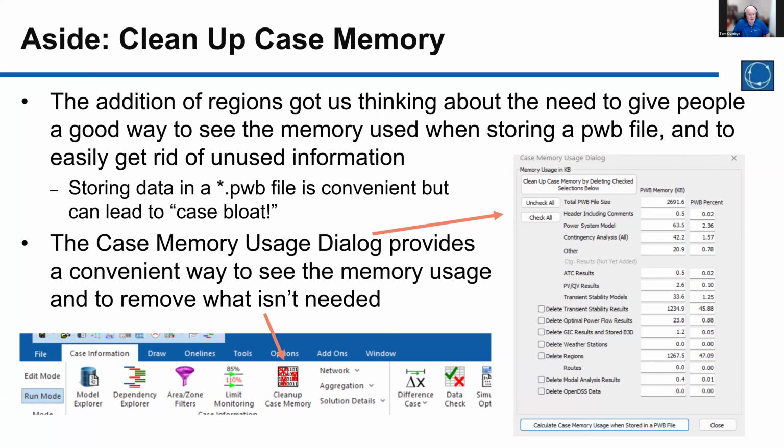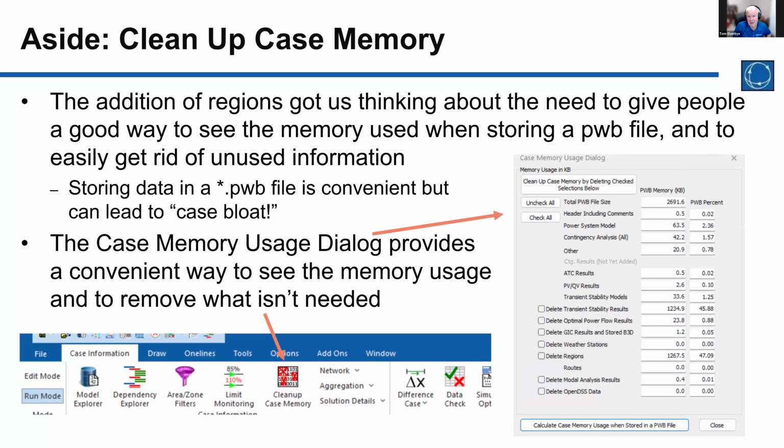So what we've done is, on the case information tab of the ribbon, we've added a new dialog. It's called the case memory usage dialog. And this dialog shows you the memory that is being used in a PWB file by the different power system application.